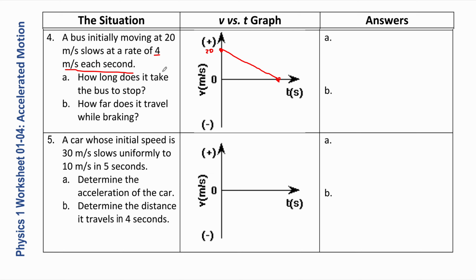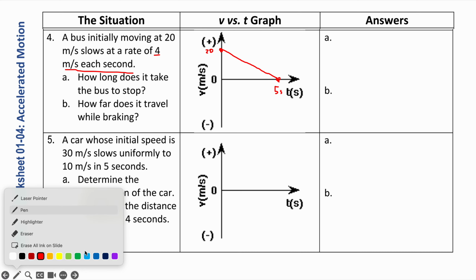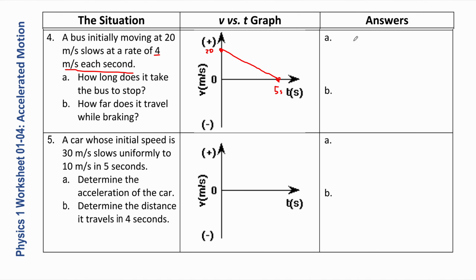Logically, if you lose 4 every second, some of you can very quickly figure out, oh, it's going to be 5 seconds. But you might say, wait a second, how am I going to solve that if I can't do it logically? You can use this. V final equals V initial plus A times T. And this is the reason I'm doing this one with you.